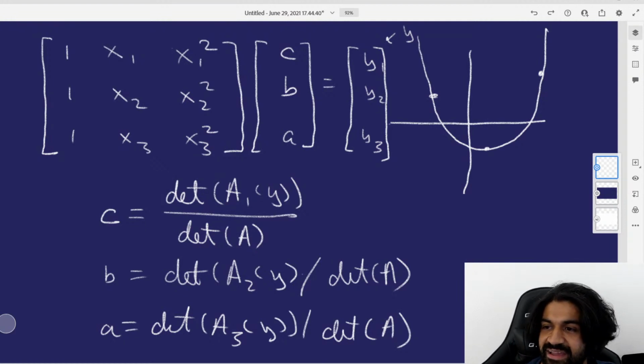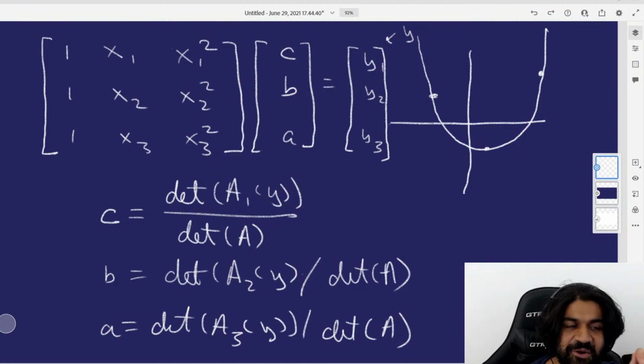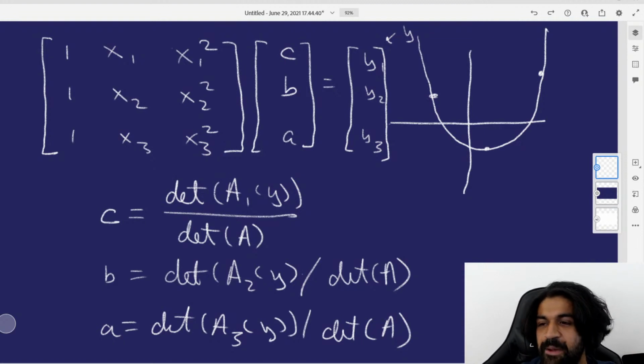And by the way, this proof generalizes to an nth degree polynomial. If I have n plus 1 points sitting in the plane, what this is telling me is that there can be only 1 degree n polynomial that passes through all of those points. But there's a little bit of something I'm kind of leaving on the table here, which is I said as long as the determinant of A is not equal to 0.